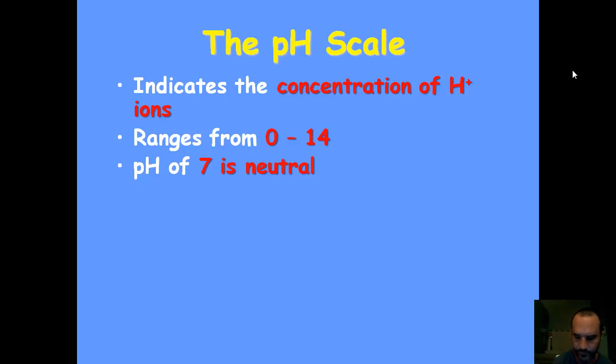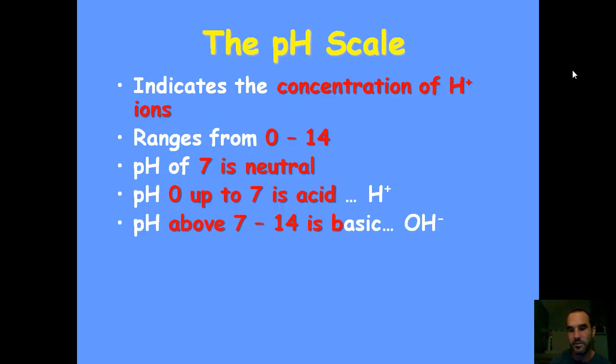Most soil samples would be right around 7. 0 to 7 is acidic. So if you had apple cider vinegar, it'd probably be around a 2. And then 7 to 14 means that it's basic. And so there's more of the hydroxide ions.